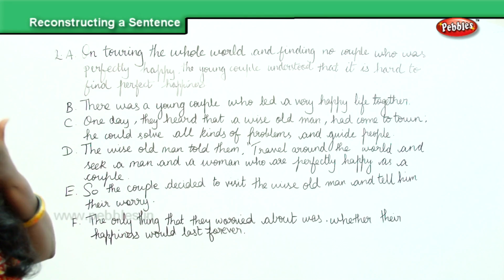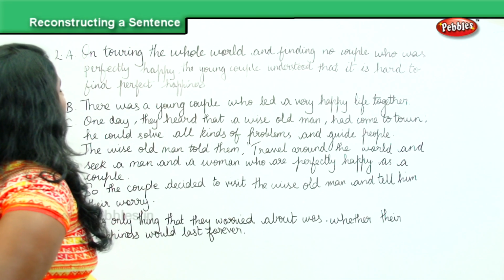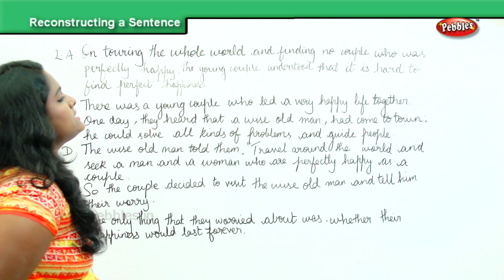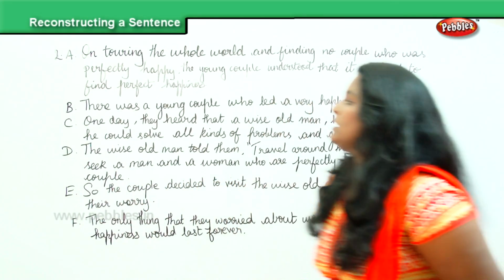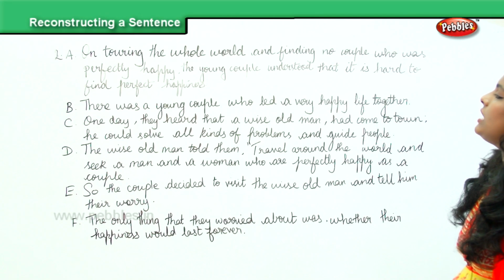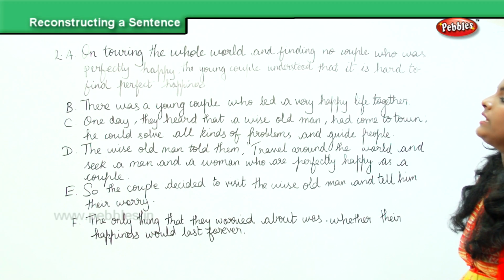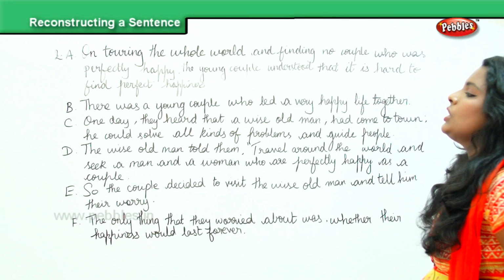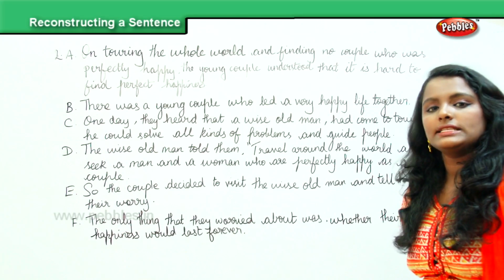On touring the whole world and finding no couple who was perfectly happy, the young couple understood that it is hard to find perfect happiness. There was a young couple who led a very happy life together. One day, they heard that a wise old man had come to town. He could solve all kinds of problems and guide people.